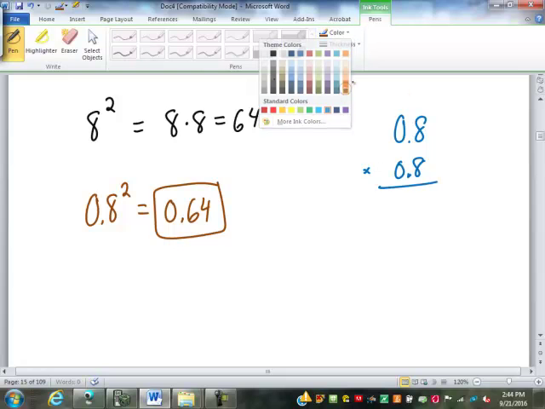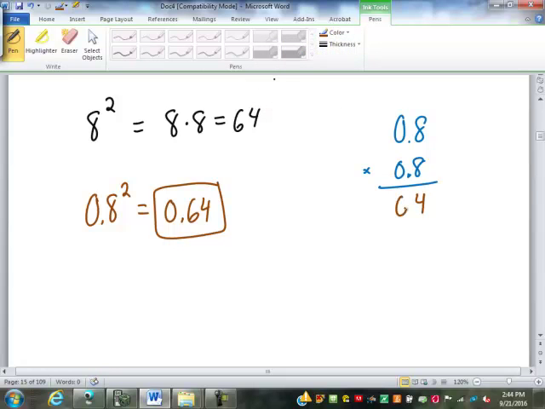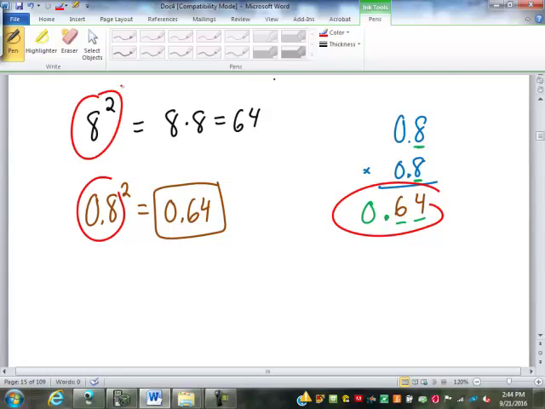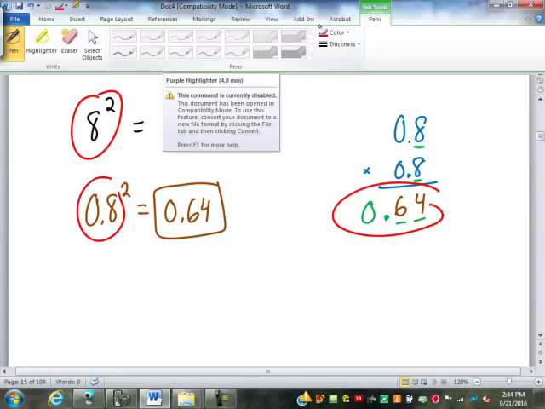Eight times 8 is 64, so 4 carry over the 6. But then you look at the decimal places. Remember, 1, 2, we have to have 2 decimal places in our answer, 0.64. Part of the confusion is that's smaller than what we started with. When we square something, don't we usually get a big number? When we squared 8, we got 64. It got a lot bigger.